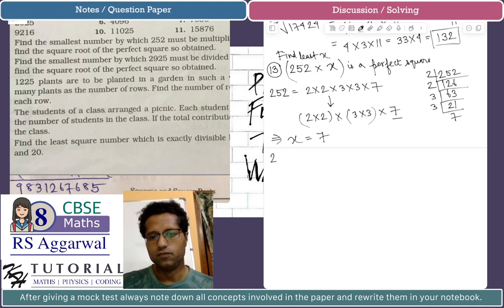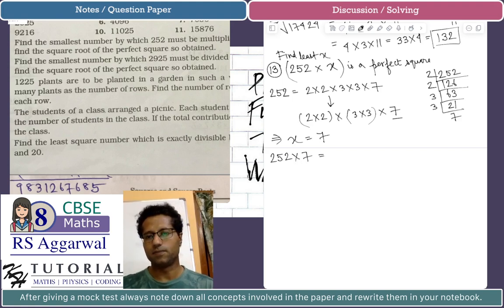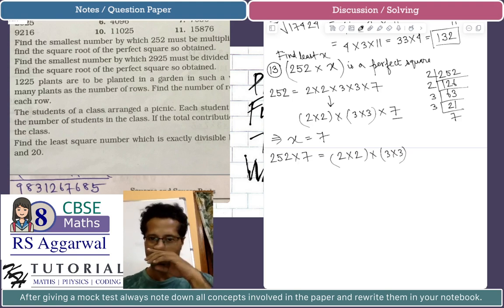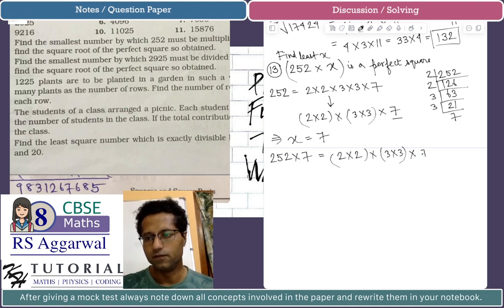Now let's see what 252 multiplied by 7 is. We have already done the prime factorization of 252. So if we multiply 252 with 7, it becomes 2 multiplied by 2, and we already have 3 into 3, and since there was only one 7 and we are multiplying it with another 7, it will form a pair.